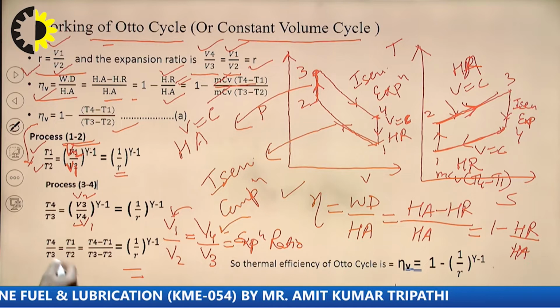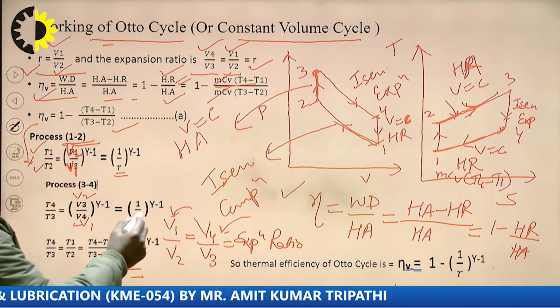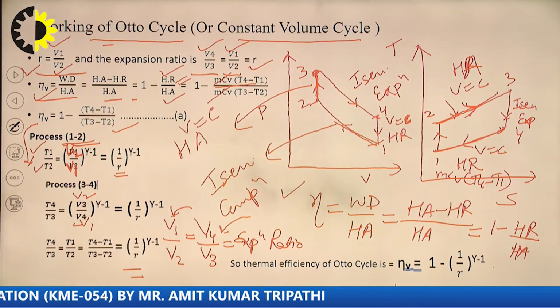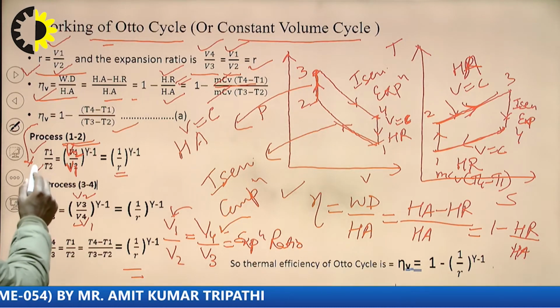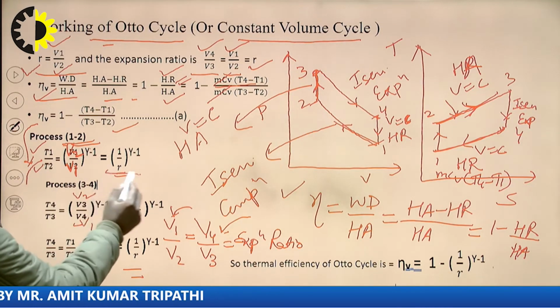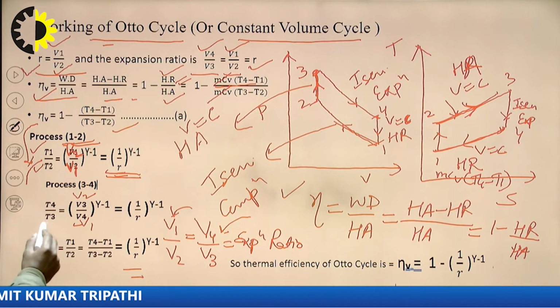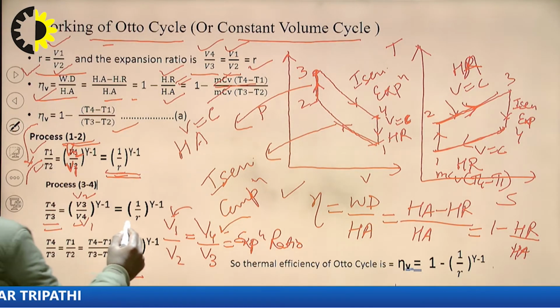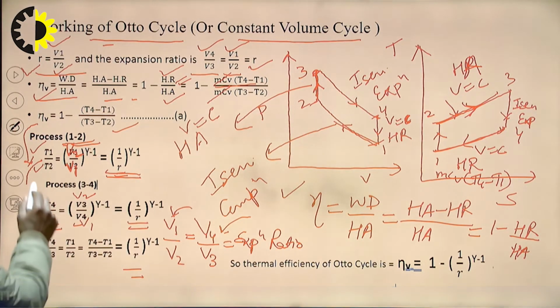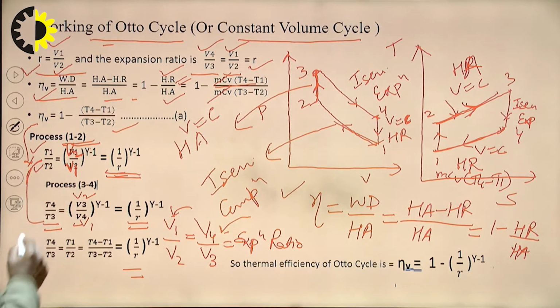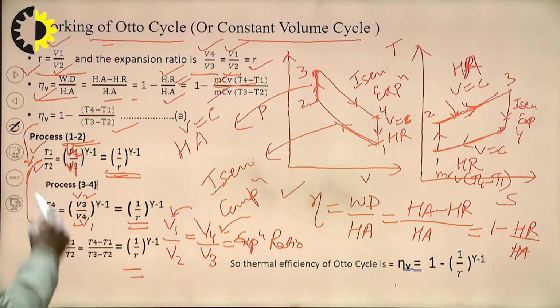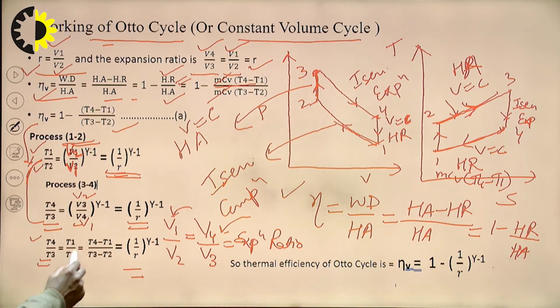So it will be equal to 1 by r to the power gamma minus 1. So from here you can see that T1 by T2 is equal to 1 by r to the power gamma minus 1, and similarly T4 by T3 is also equal to 1 by r to the power gamma minus 1. So we can say that T4 by T3 is equal to T1 by T2.